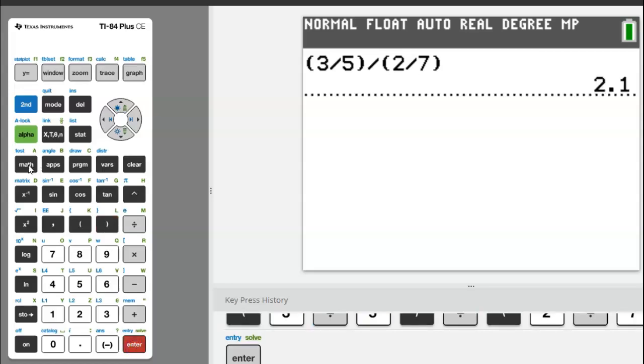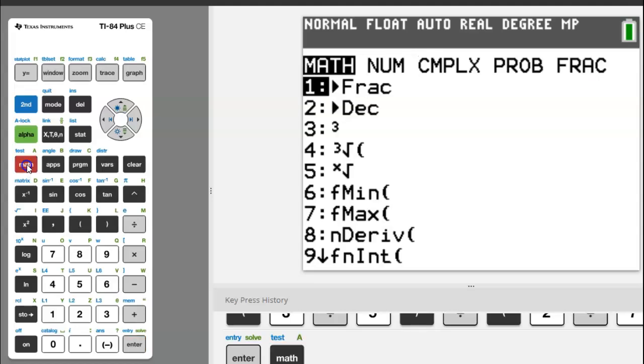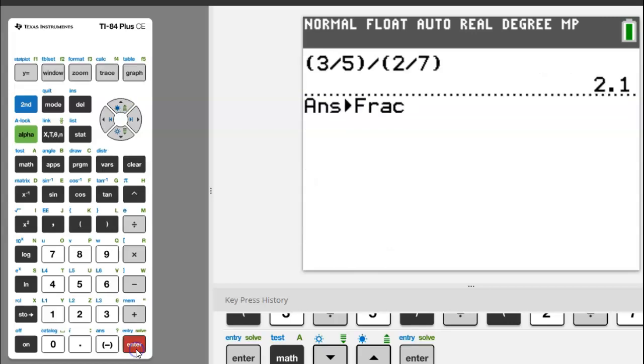Now you have to convert it back to fractions, so you go to MENU here, and you see the option 1. So option 1, which is fraction, and you enter, and then it will bring you back to 21 over 10. That's what we got from our previous work when we did it without the calculator.